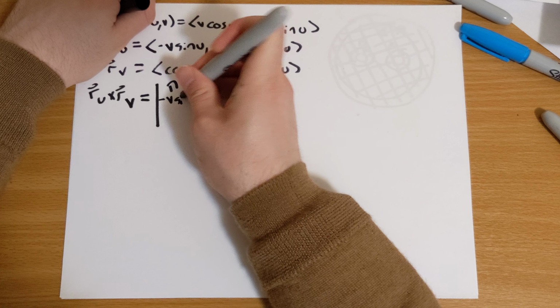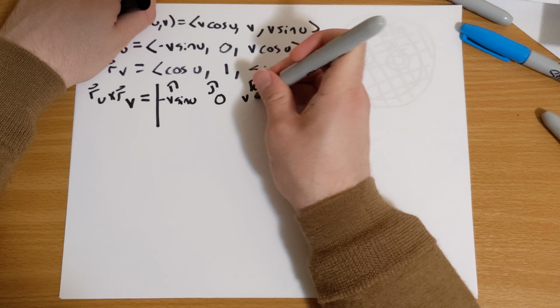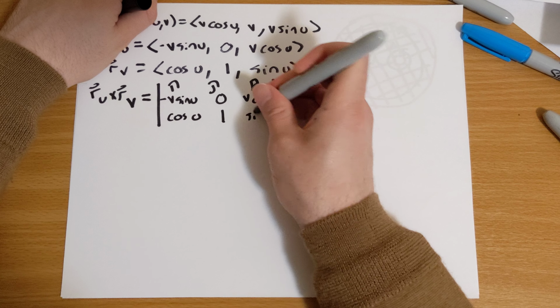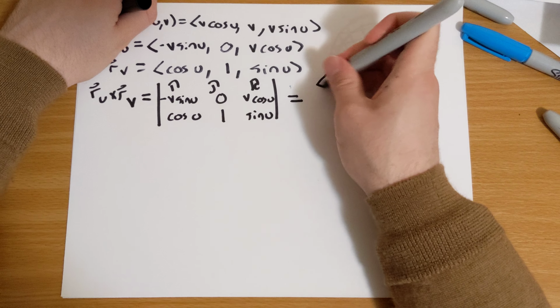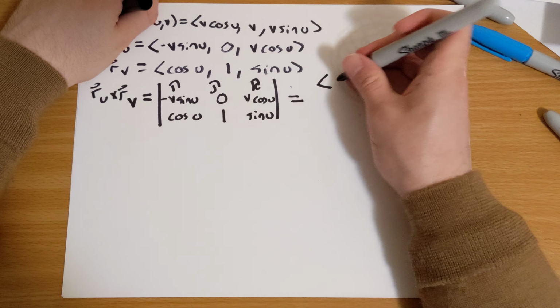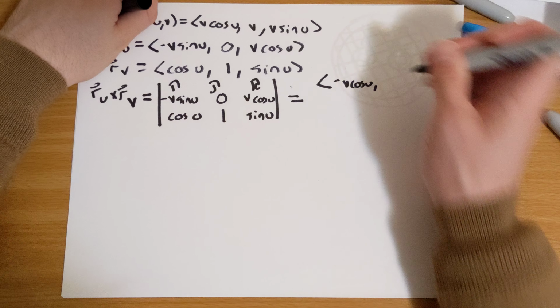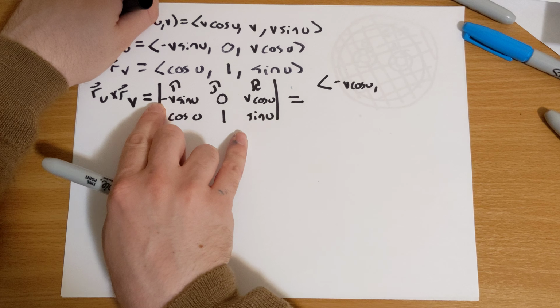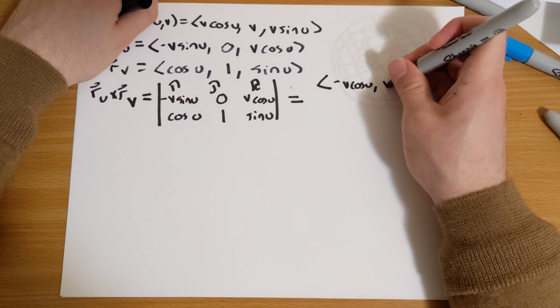Okay, minus v sine u, 0, v cosine u, and cosine u, 1, sine u. So we end up with the i hat component is 0 minus v cosine u. The j hat component will be v cosine squared u plus v sine squared u, which just becomes v.